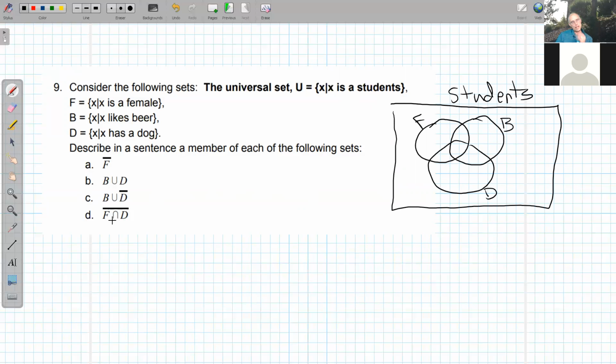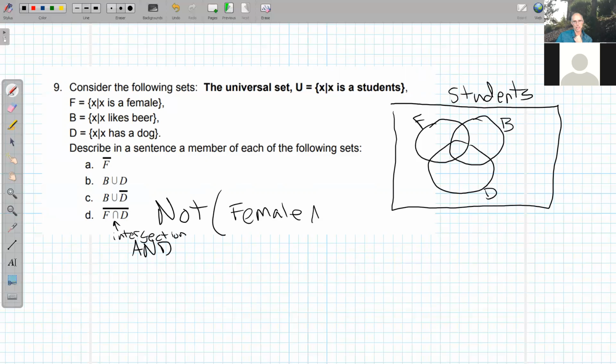All right, so next I have to do the complement of set F intersect D. So then I want not female, that's the intersect, right? Intersection, which also means and. So I want everyone that is not female and has a dog.